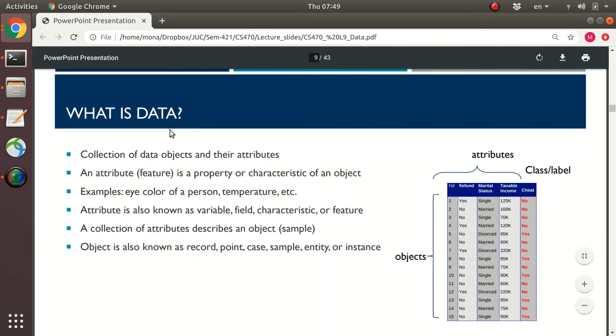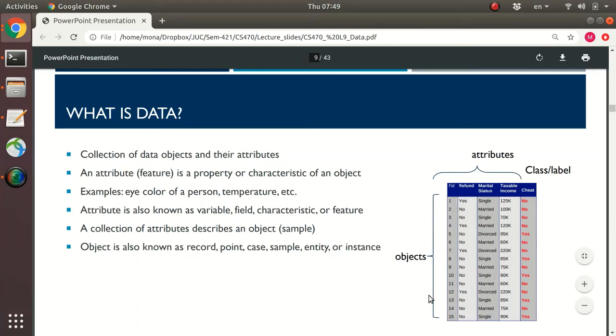So what is data? Data is a collection of data objects and their attributes. An attribute, also called a feature, is a property or characteristic of an object. Here on the right we have a table that consists of a number of rows and a number of columns.